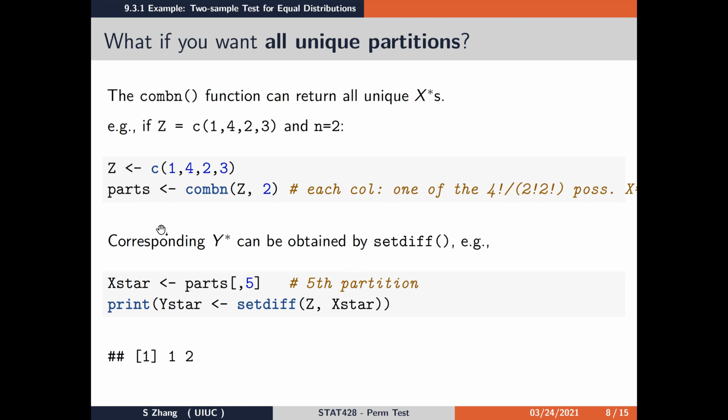For example, we know that Z is the vector 1, 4, 2, 3, and X star is the 5th column, so the 5th possible partition, which contains 3 and 4. Then our Y star will be the difference between the set Z and X star, and that will return us Y star that's equal to 1 and 2. So if you want to find all of the unique partitions and exhaust all of them, you can use the combination function to do that for you.